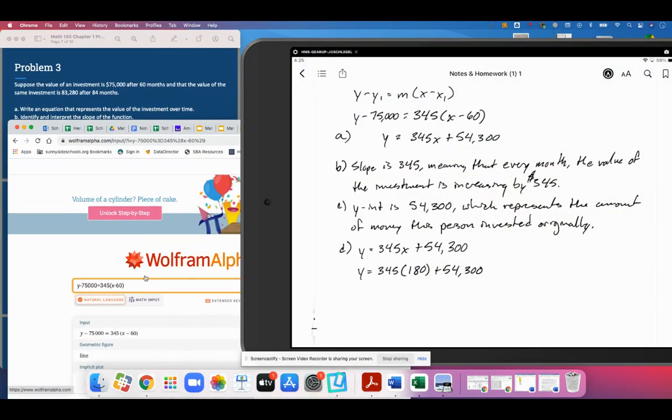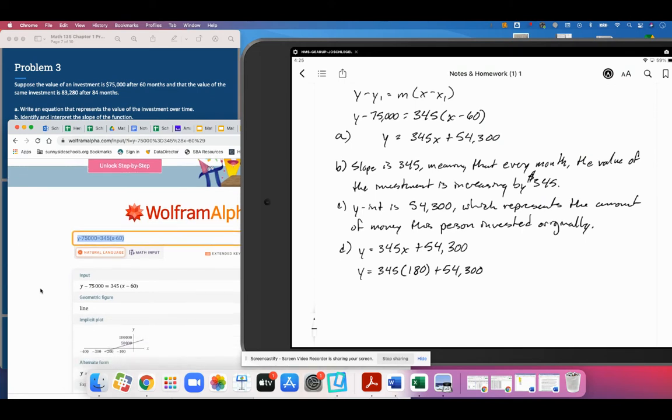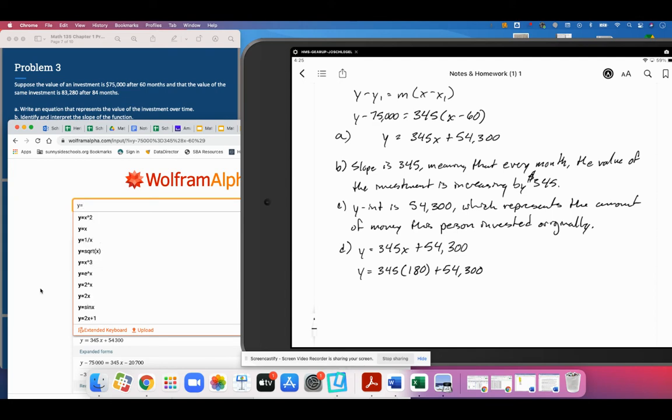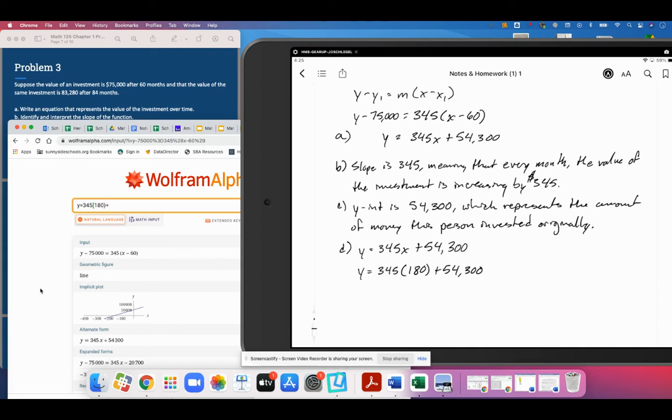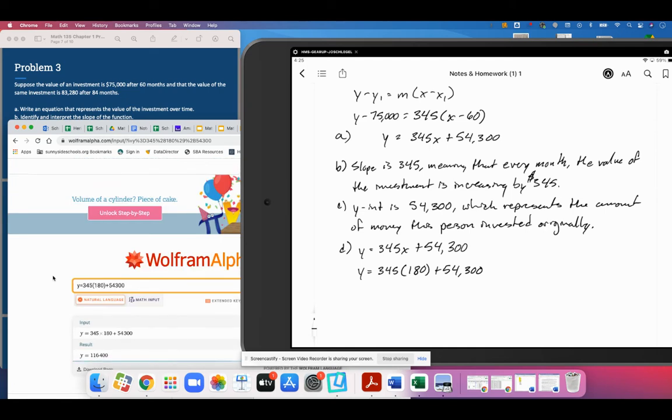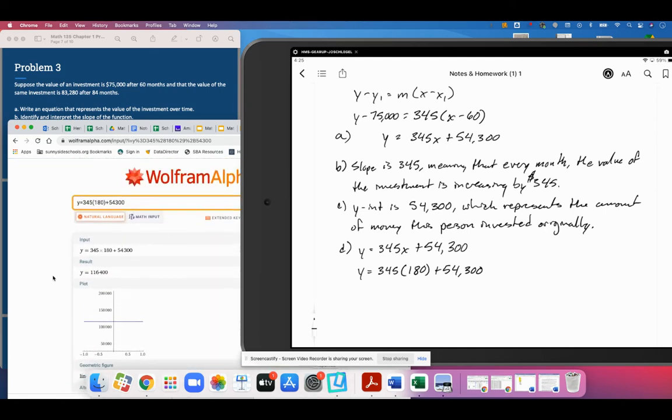Again, it's important to remember that this person started with $54,300, just invested it, and then walked away. They walked away and left this alone for 15 years. Let's see what the value of this investment is after this time. After this amount of time, the investment is worth $116,400.